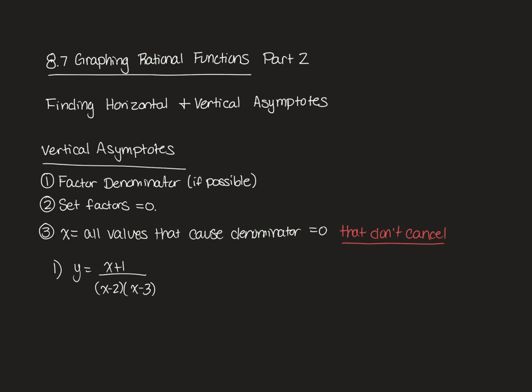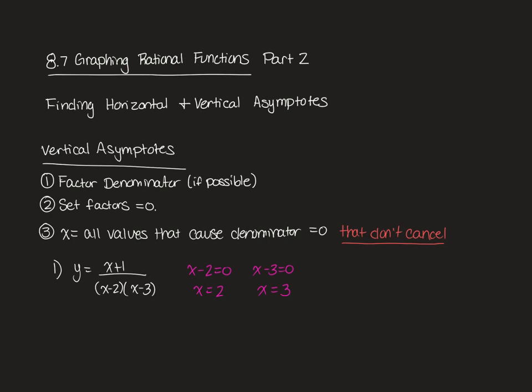Looking at number 1 here, our denominator is already factored, so we just need to set the denominator equal to 0. So we have x minus 2 equals 0, and then x minus 3 equals 0. In this case, x is going to equal 2, and x is going to equal 3. Now, since it's already factored, does anything cancel?